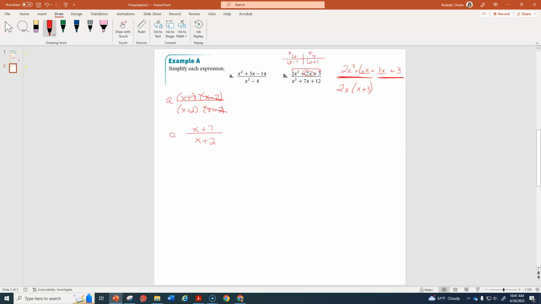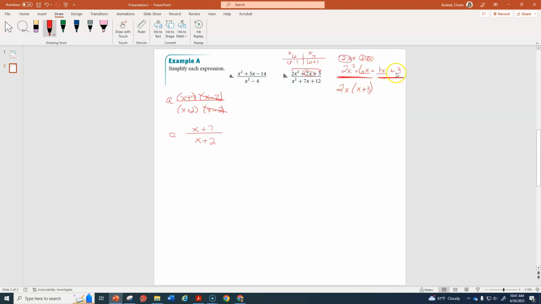And again, I'm showing you more than I intended to, but this is 2 times x times x. This is 2 times 3 times x. So what's the common factor? 2x and 2x. So that's why I brought that 2x out in front. What was left in the first term was an x, and what was left over here was the 3. So that's how that works.